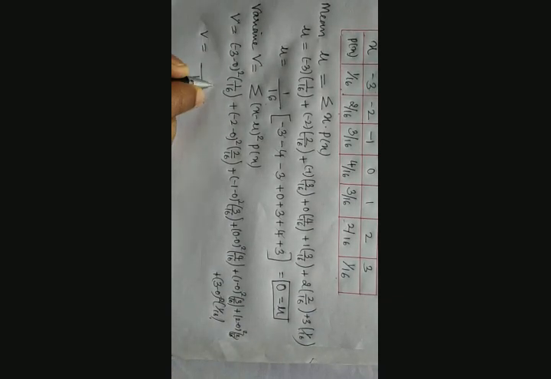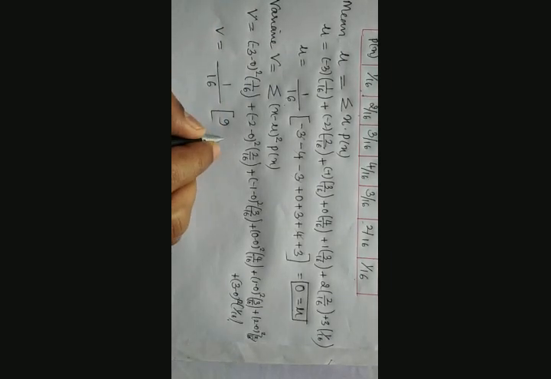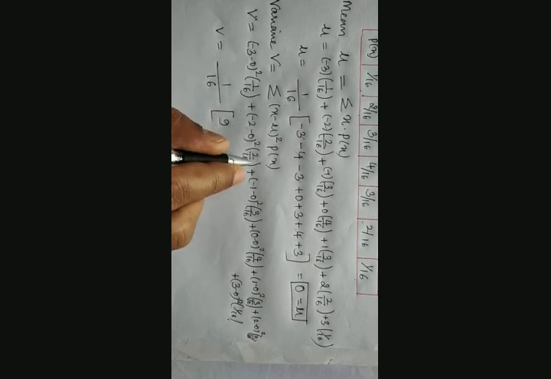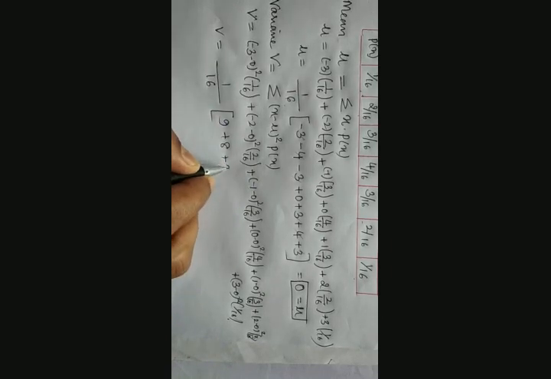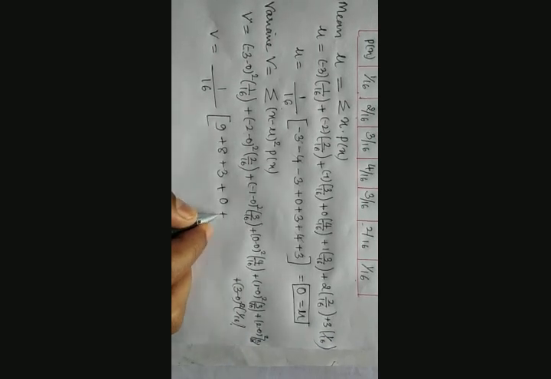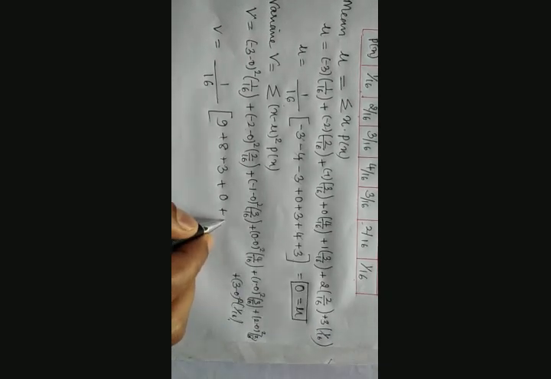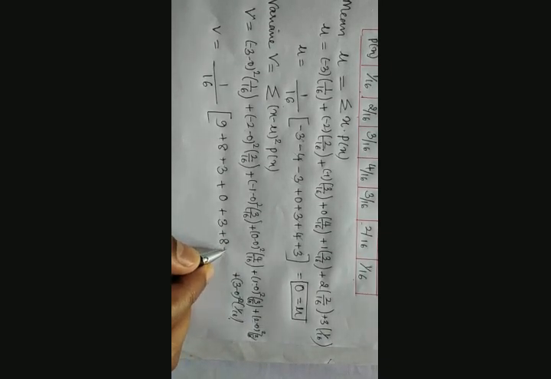If we calculate this, again we take 1 by 16 as the LCM, the denominator. So this is equal to, you can see, minus 3 square 9, minus 2 square 4, 4 into 2 8, minus 1 square 1, 1 into 3 3, this becomes 0 minus 0 0, 0 into anything 0, plus again 1 square 1, 1 into 3 3, plus 2 square 4, 4 into 2 8, plus 3 square 9.